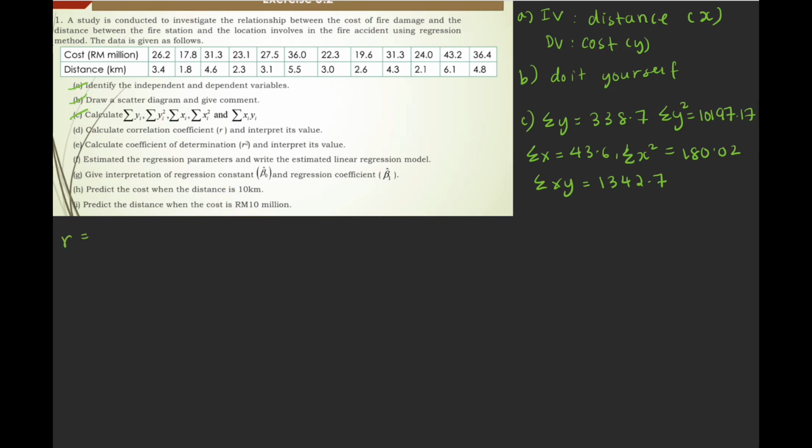Okay, you calculate the Sxx. Sxx is equal to 180.02 minus, divided by how many data we have here? 12.